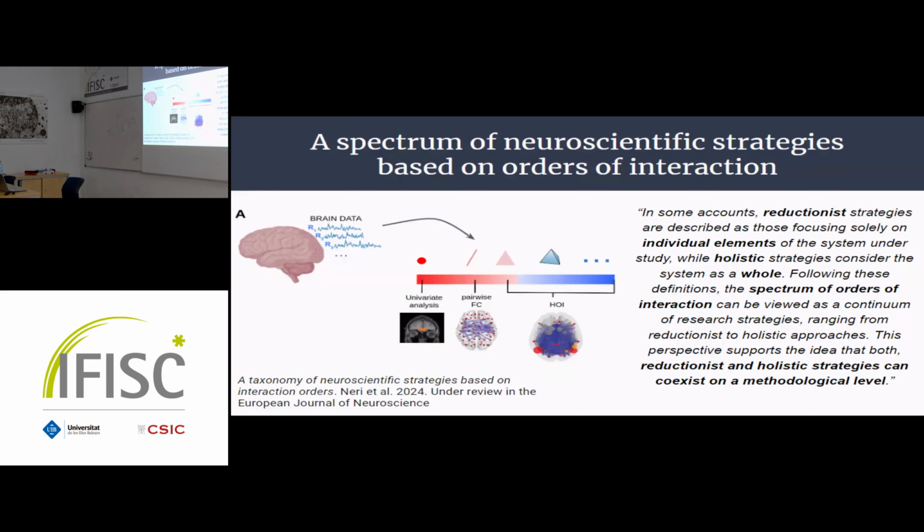And in some others, we will need high-order interactions, maybe for tracking specific aspects of the subjective experience. And the idea is that maybe reductionist and holistic perspectives could be all integrated in a spectrum of orders of interactions and be compatible for understanding better the brain at a methodological level.